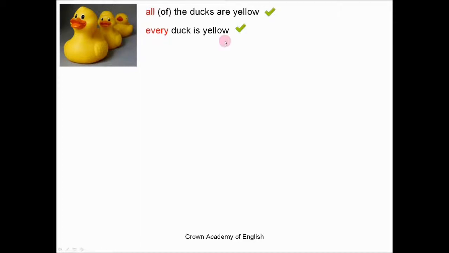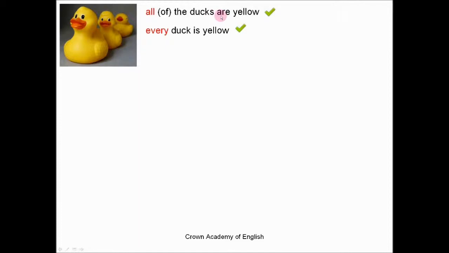Now, there is a rule of the grammar structure of when we use the word all. If you can see it, after the word all, the word duck is in plural. So when we use the word all, the noun must go into the plural. And because ducks is now plural, the verb is also plural.